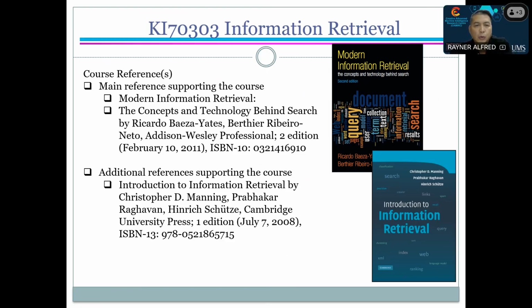But in order to understand ChatGPT's operation, you need to know text mining, machine learning, and the LLM, the large language model. Then you can imagine how they respond to your query.